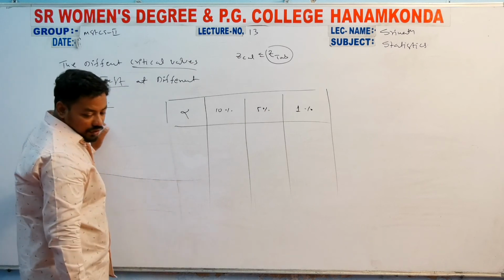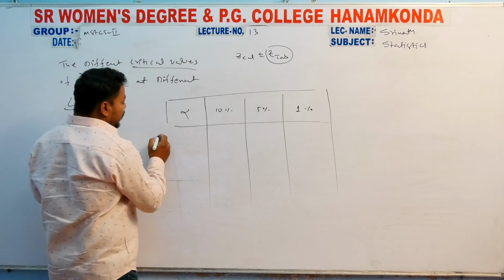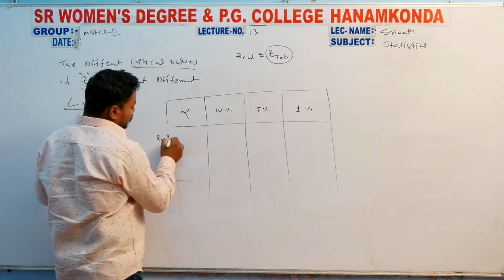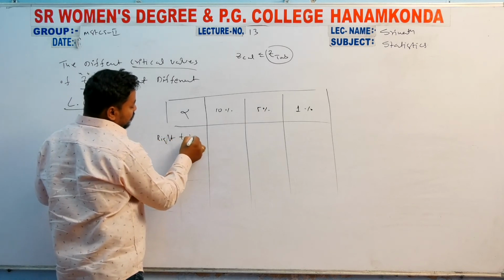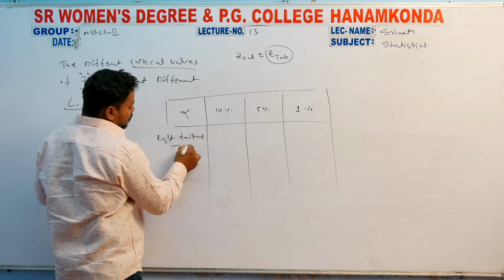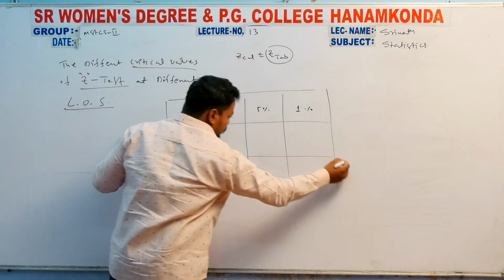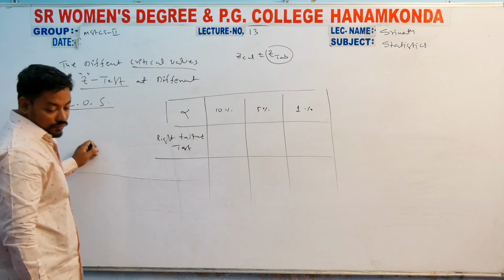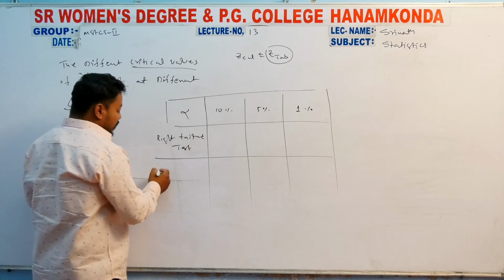So here alpha, right tail test. Left tail test.